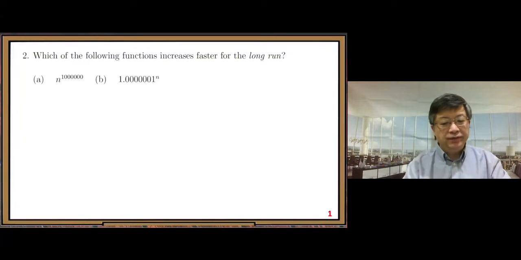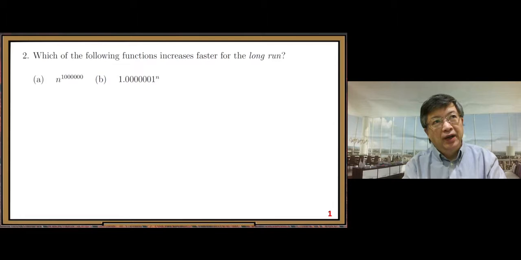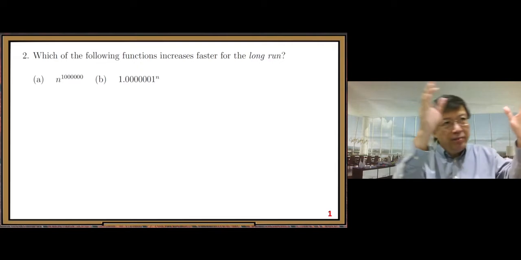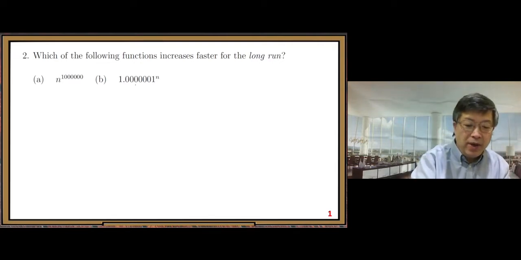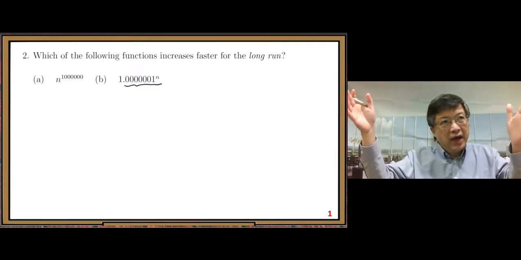For this question, I give you 2 functions. These 2 functions are very special. You can see many zeros, a pretty big number. Another one has many digits after the decimal point, 1 point, that kind of thing.